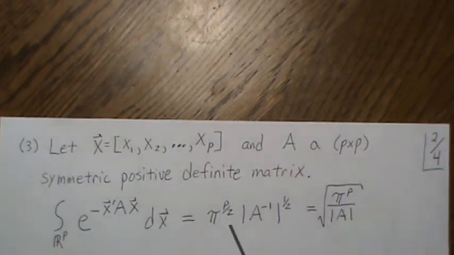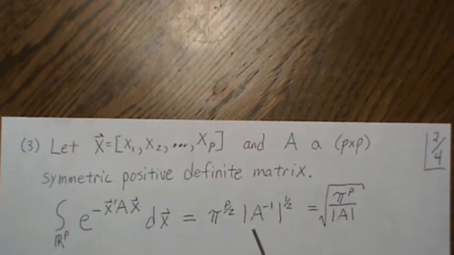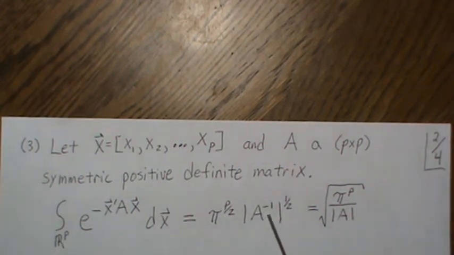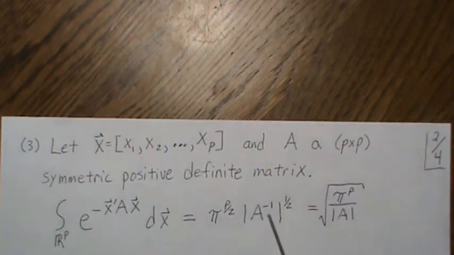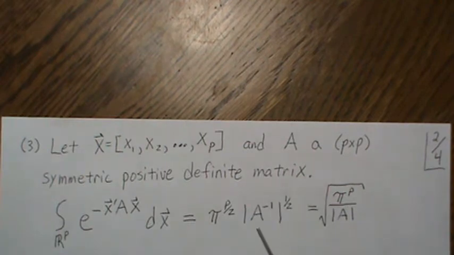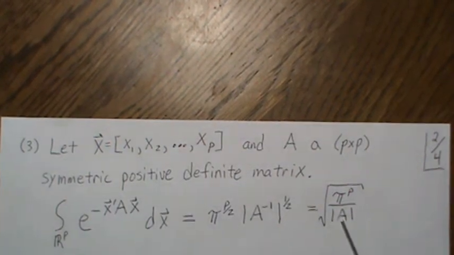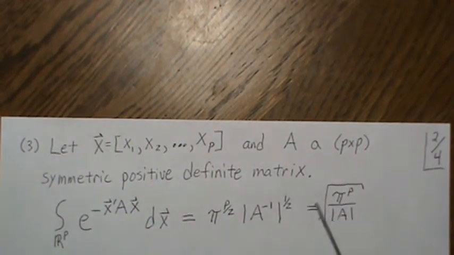So it's pi raised to the p over 2 times the determinant of A inverse, the square root of that. Or this can actually be taken down, and then be the determinant of A, and then that half, of course, is the square root.